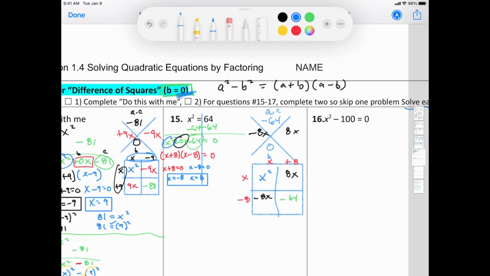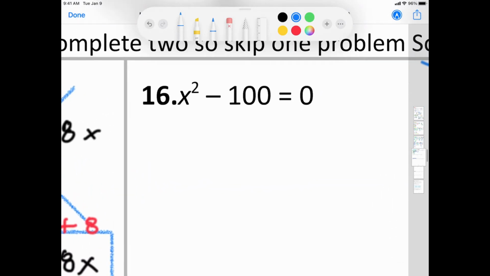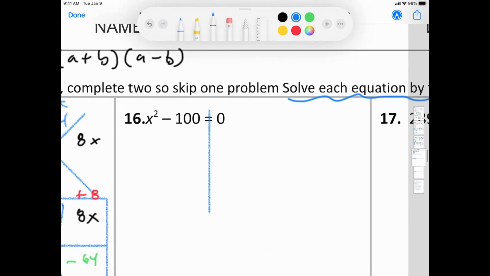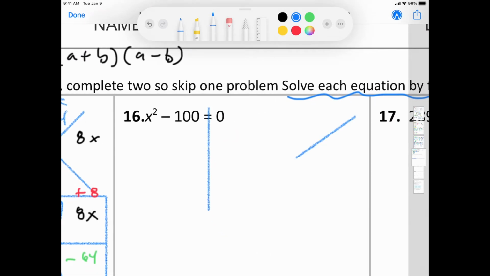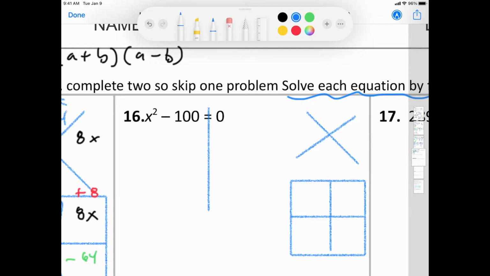All right, let's try number 16. It's nice because it's set equal to 0. And then I'm just going to have to use my x on my box. A times c is, remember this is x squared plus 0x minus 100. A is 1, b is 0, c is negative 100.